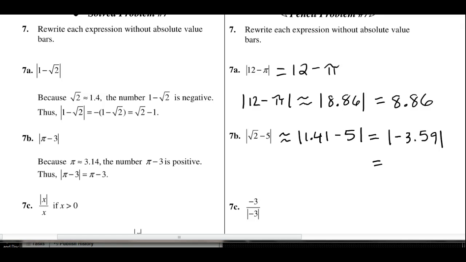So you have positive 3.59. Another way to think about it, if you don't want to approximate, is what did it really do? It just flipped the numbers around. So we just changed the sign on the whole expression. So another way to do it is we could write the absolute value of the square root of 2 minus 5 is really just equal to the opposite value of that expression, the square root of 2 minus 5.